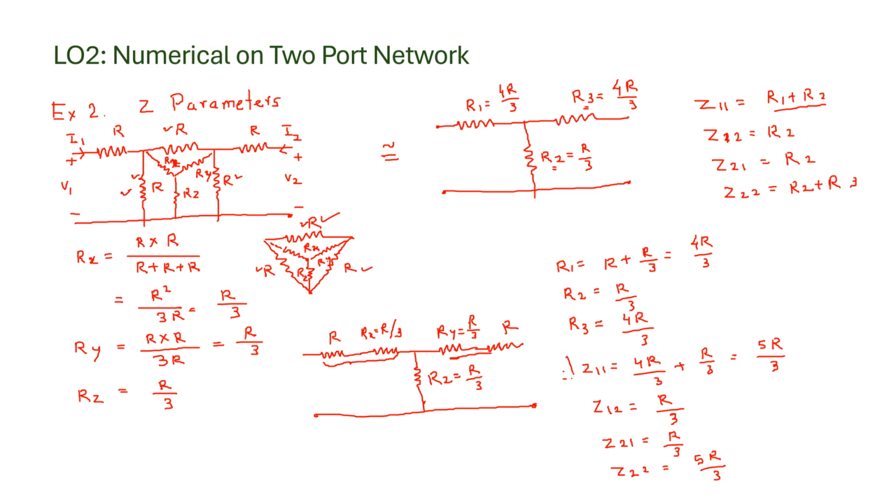So this is how we can find the value of the Z parameters. Here I have not written any KVL equations, but I have used the knowledge of the basic building block. So this is our basic building block.